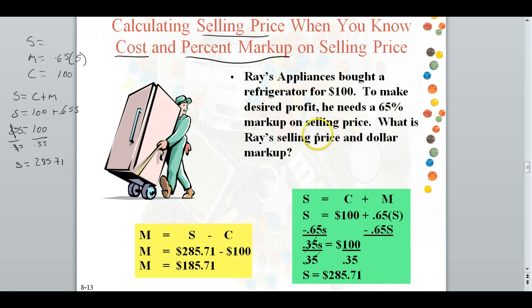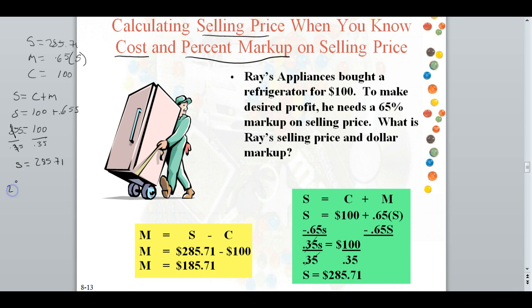So they're saying, what is Ray's selling price? That's his selling price now. So we know his selling price, 285.71. So what is Ray's selling price and the dollar markup? So we know the selling price.